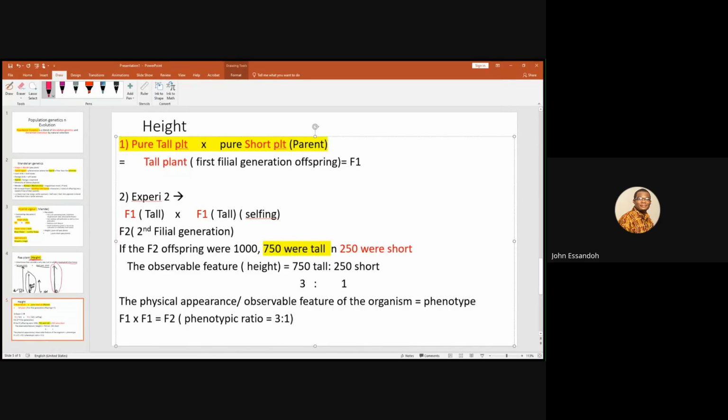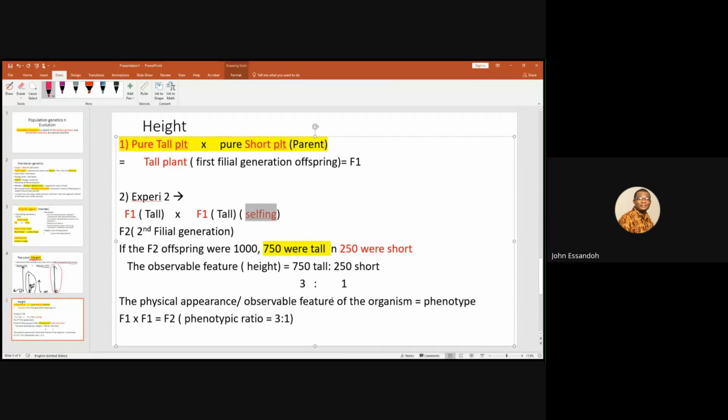So these are the two experiments Mendel did. First of all, pick the pure tall plant and the pure short plant, cross them, and all of them came out tall. These are the F1 generation. Then you cross the F1 generation to get F2. Crossing something of the same genotype, we call it selfing. So he selfed F1 to get F2, and in the F2 he observed that the ratio of tall to short was 3:1.